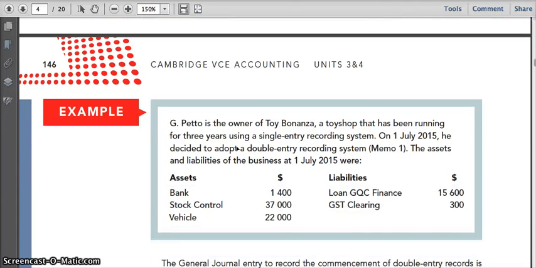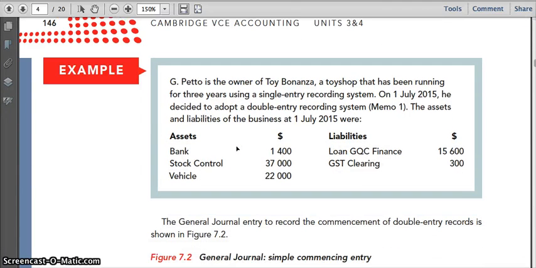If we have a look at the example on page 146, Jay Peto is the owner of Toy Bonanza, a toy shop that has been running for 3 years on the single entry recording system. On July 1, 2015, he's decided to adopt the double entry accounting system, and these are the assets and liabilities of the business at that time.